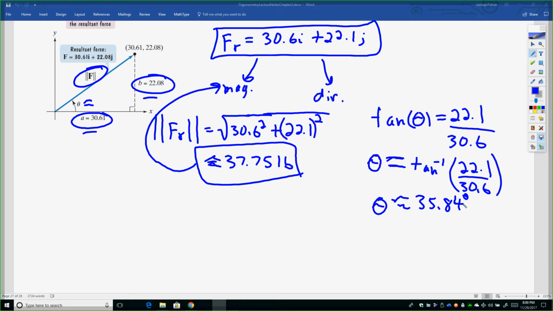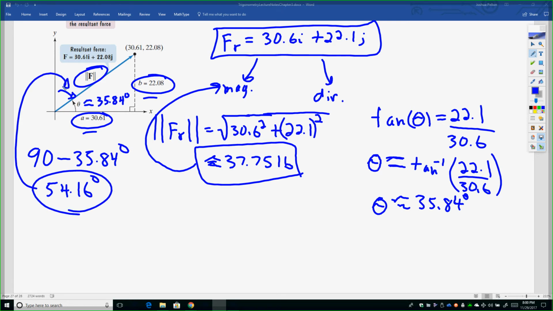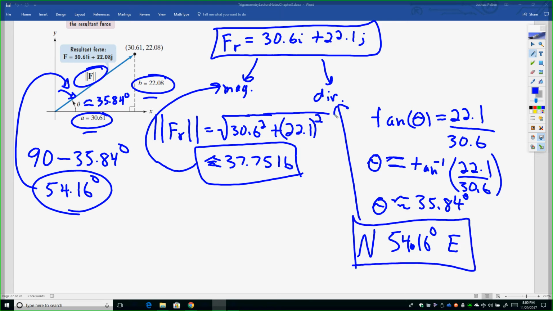Okay. However, that's not my bearing. So I have to do 90 minus 35.84 degrees. So that'll give me 54.16 degrees for that angle there, because again, bearing and the trig angle are not the same. So therefore I'm going north by 54.16 degrees east. So that is my direction. Pause the video, try the student problem.